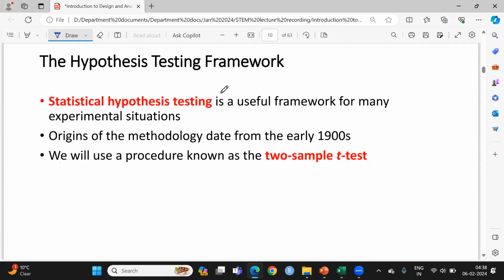Okay, so I already discussed with you that in the inferential part of statistics there are two categories: one is called estimation and the other is testing of hypothesis.